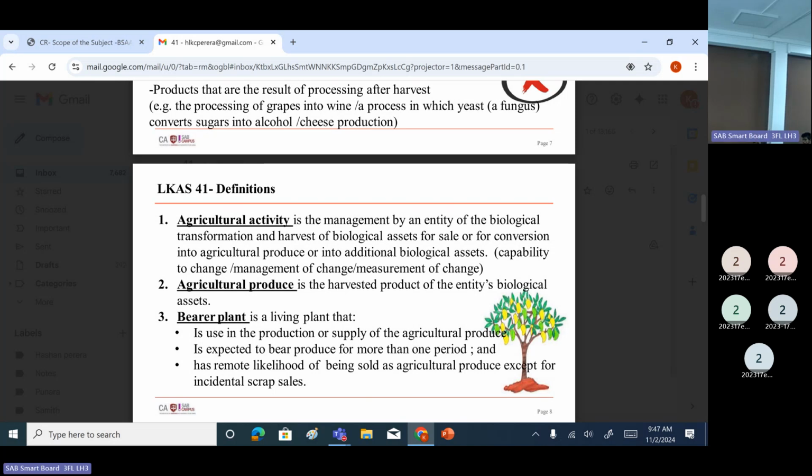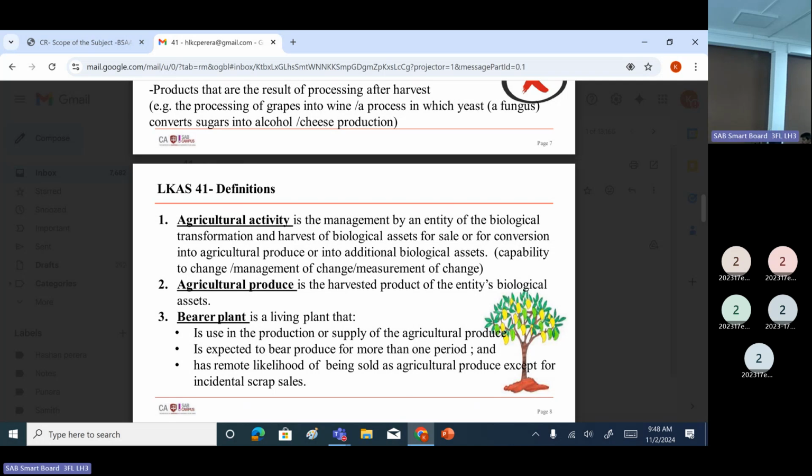What I mean by this, agricultural produce or additional biological asset: because of this management task, it will create the agricultural produce or an additional biological asset.